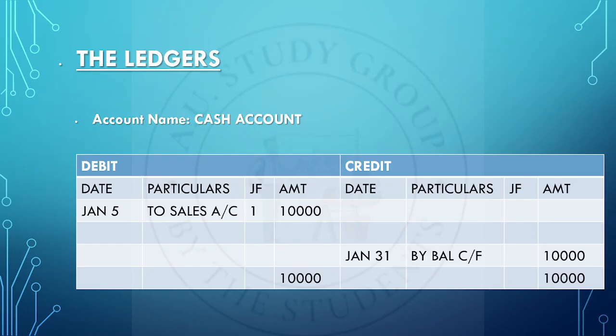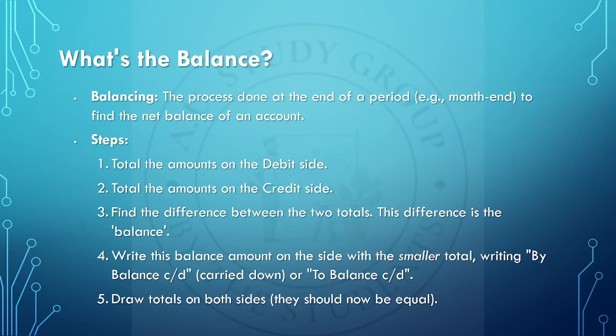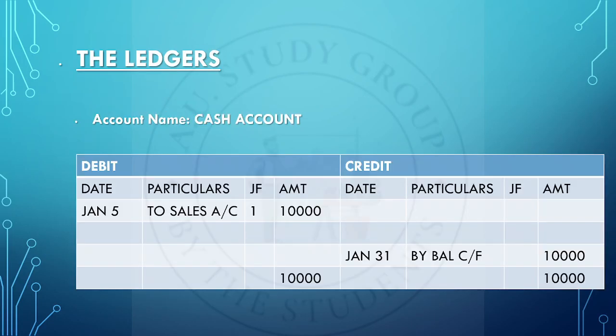On the credit side, there was no entry, so the total was 0. To balance the cash account, we added "By balance carried forward", 10,000. It can be called carried down or carried forward.